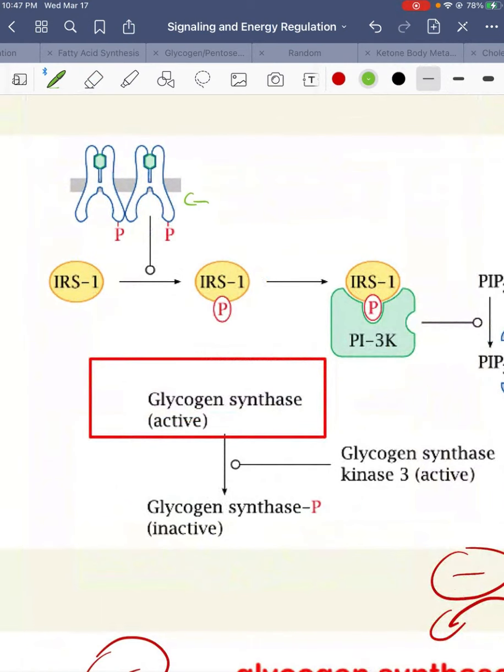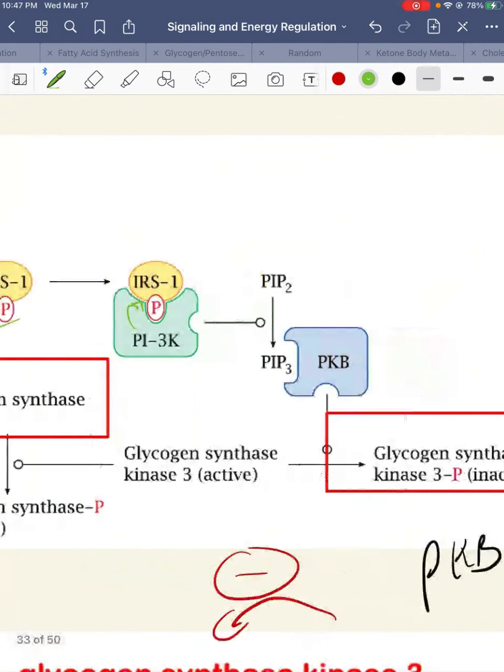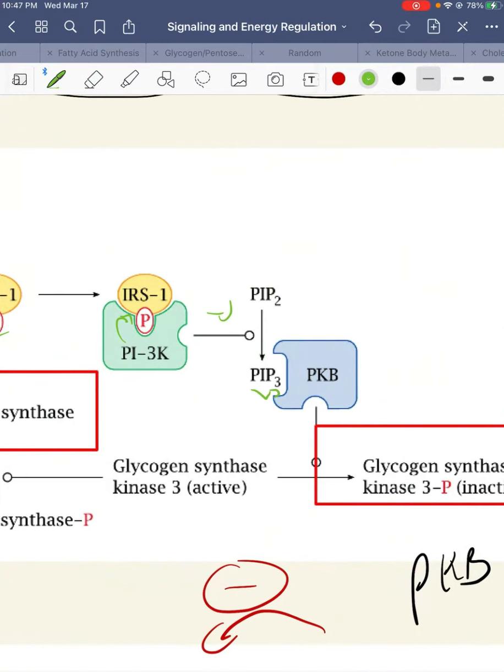This is receptor tyrosine kinase. You have IRS1. It becomes phosphorylated on tyrosine. PI3K, SH2 come in and bind to the phosphate. This eventually activates PIP2, and then you get PIP3. PIP3 then activates, we didn't talk about this part, PKB.